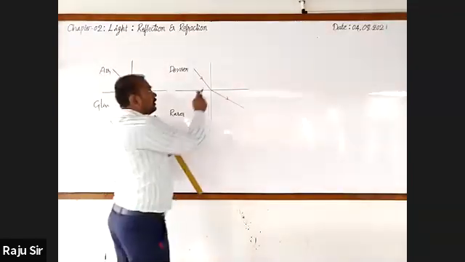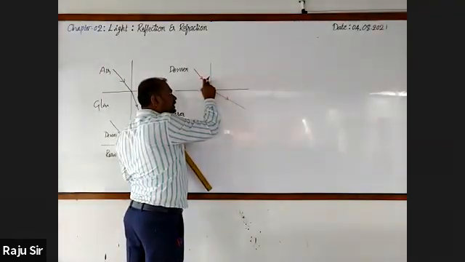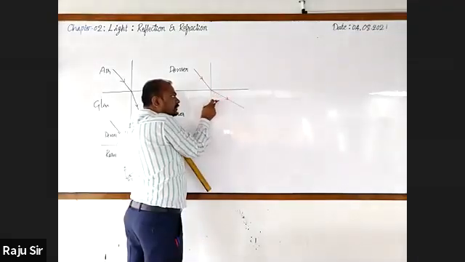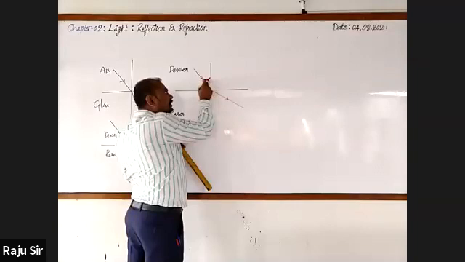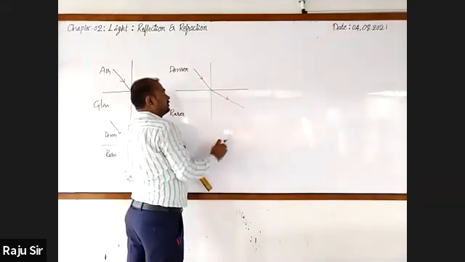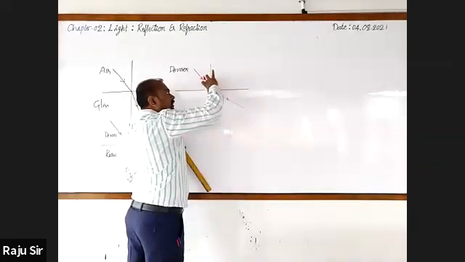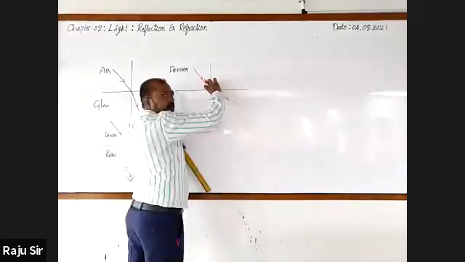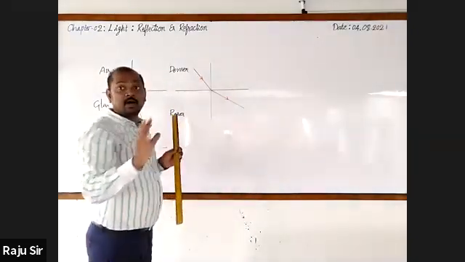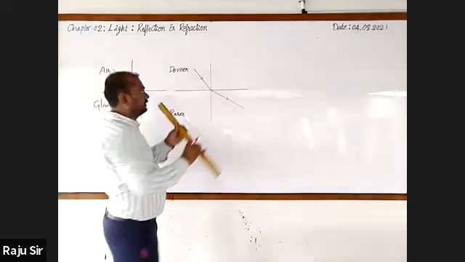Now, observe angle of incidence and angle of refraction. Compare i and r. Whether r is greater than i or i is greater than r? r is greater than i, sir.